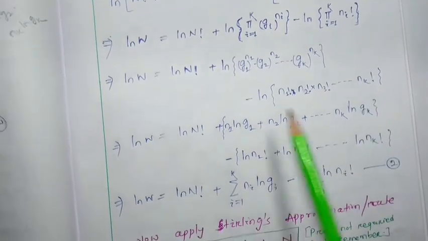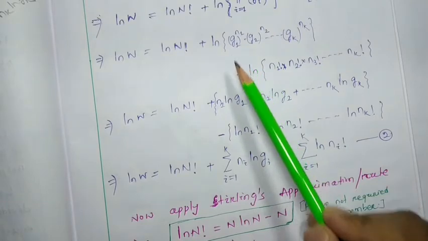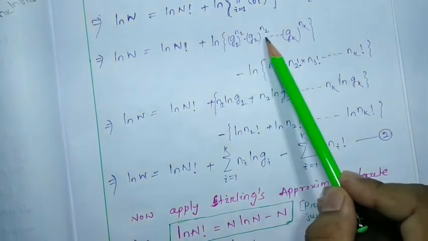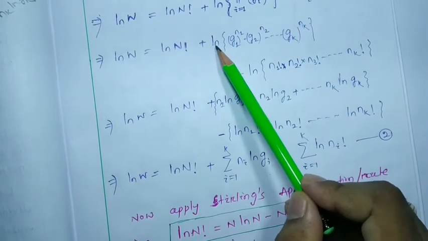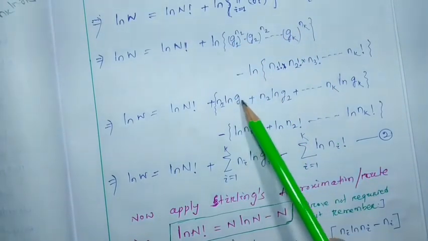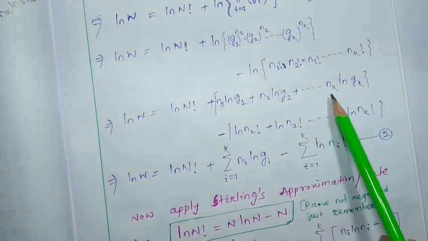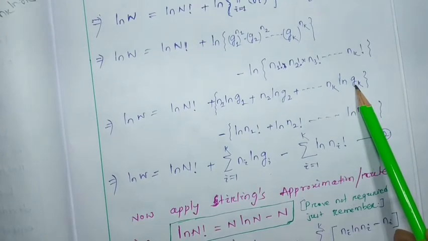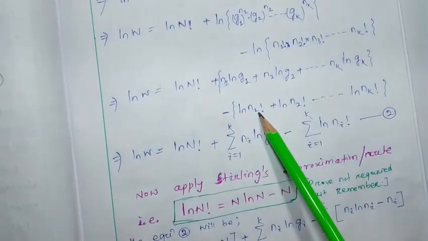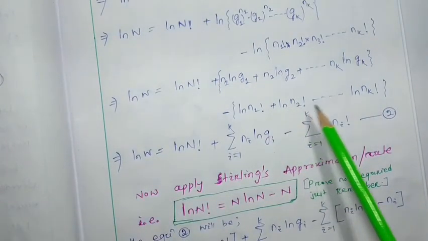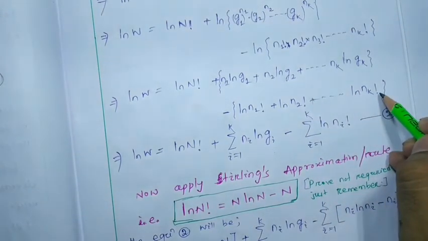Now ln W is equal to ln n factorial plus, since these are in multiplication form, they can be written in addition form: n1 ln g1 plus n2 ln g2 up to nk ln gk, minus ln n1 factorial plus ln n2 factorial up to ln nk factorial.